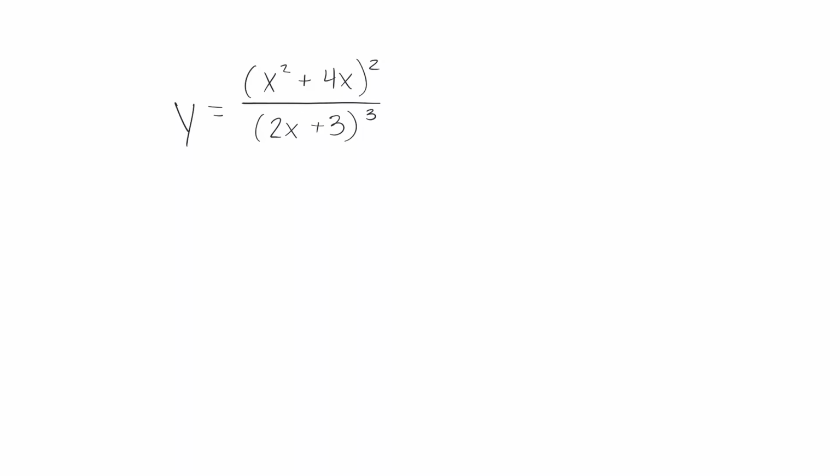Okay, so the top is f of x, the bottom is g of x, and then within the top we have an inside, and within the bottom we have an inside. Okay, so there's 4 things at play here. What a disaster. Okay, so f of x is on top, g of x is in the bottom.